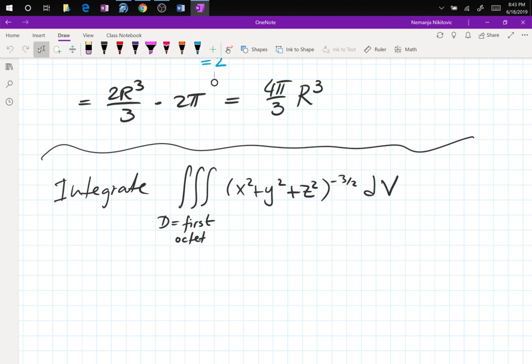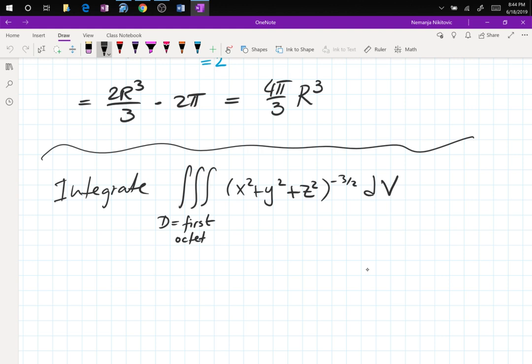Now, what am I going to do here? Well, we already know that if we are to use limits from the ball that they gave us, we are going to run into an issue. Oh wait, they give us the first octant between 2 spheres centered at the origin, radius 1 and 2. That's extremely important.